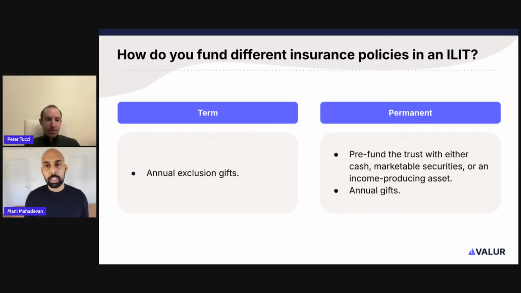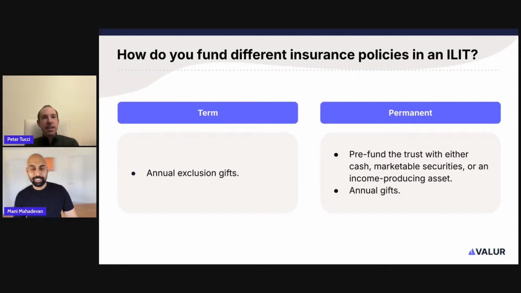Yeah, and let's just say you have 3 kids and 2 grandchildren who are the beneficiaries of your ILIT. How much could you, with this annual exclusion, fund your life insurance policy with? Sorry, how many kids did you say? 3 kids, 2 grandkids, 5. Yeah, make it complicated. So it would be five beneficiaries.